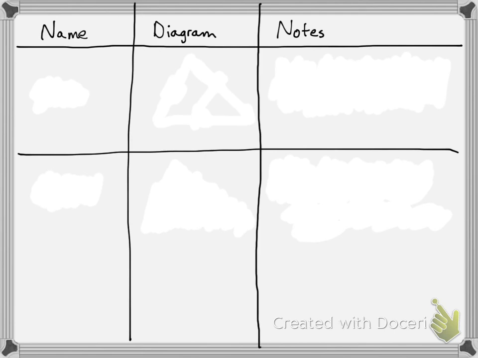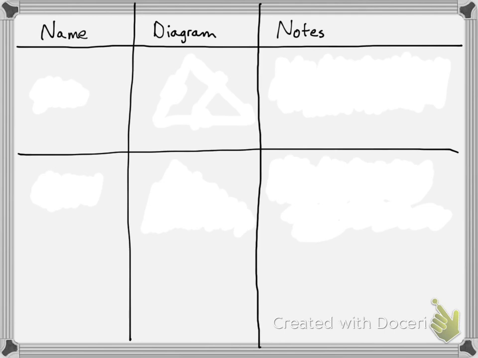So we learned our 4 congruence criteria. Angle, angle, angle is not one of them. Neither is side, side, angle. But we have 4 that we can use. So on your paper, if you're adding this to all your other angle facts and things like that, then you can just create a new section where all you need is name, diagram, and notes, 3 columns.